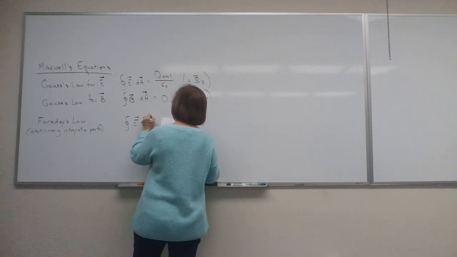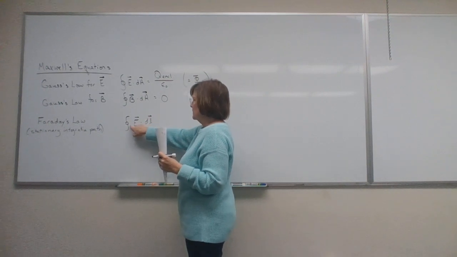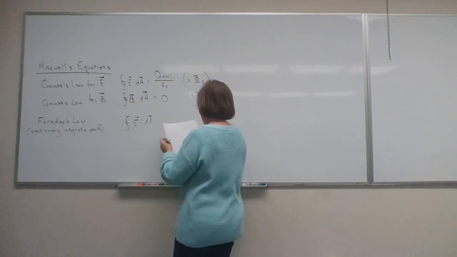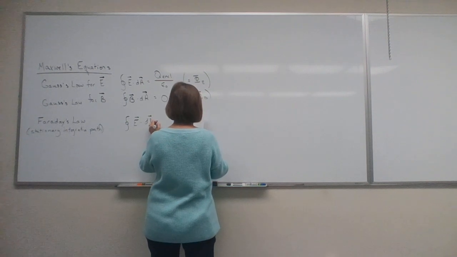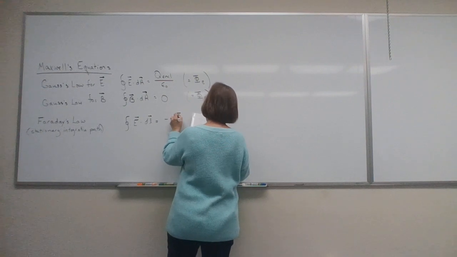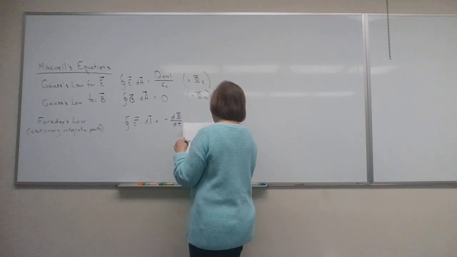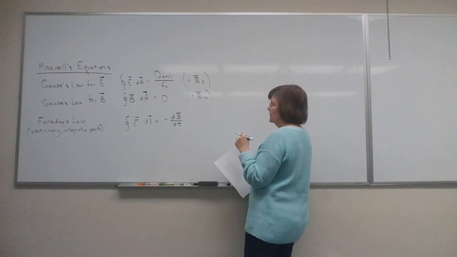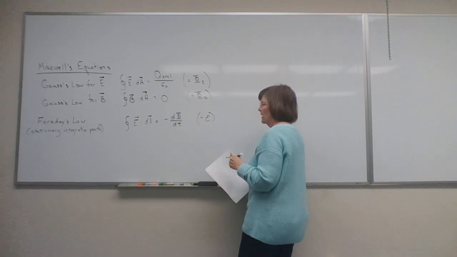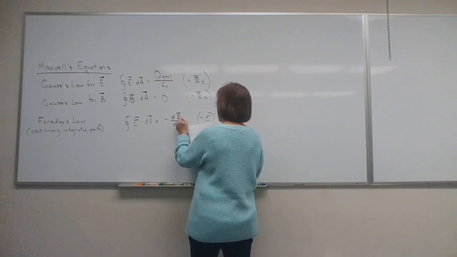You can tell it's a line integral because we're integrating over a line. So this would be a closed linear path, whereas this was a closed surface. Faraday's law says that is equal to the change in magnetic flux per unit time. You can also think that that's going to be your induced EMF, right? This isn't really part of the law, but that's what we know. The change in your magnetic flux.